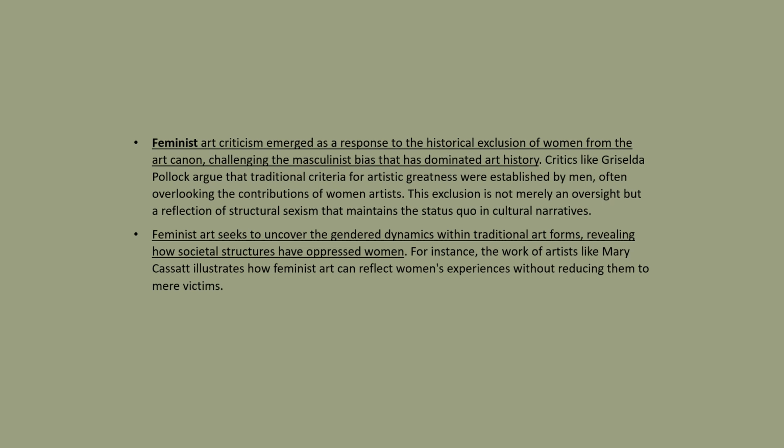This exclusion is not merely an oversight, but a reflection of structural sexism that maintains the status quo in cultural narratives. Feminist art seeks to uncover the gendered dynamics within traditional art forms, revealing how societal structures have oppressed women. For instance, the work of artists like Mary Cassatt illustrates how feminist art can reflect women's experiences without reducing them to mere victims.